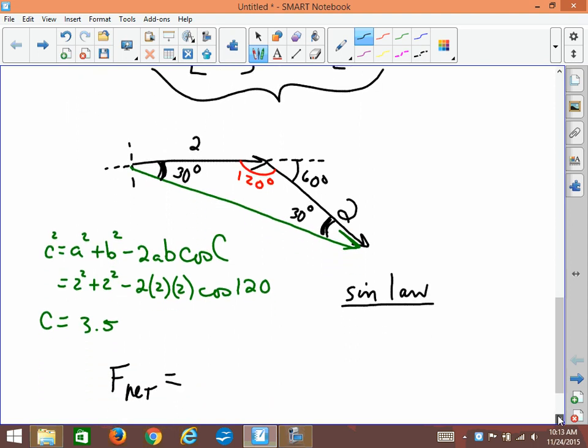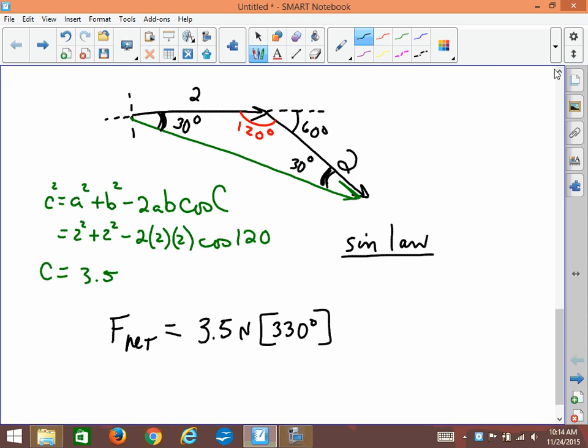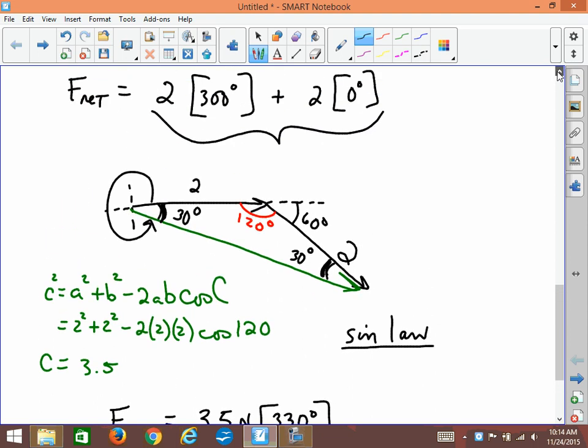F net now equals 3.5 newtons, and the direction of the 3.5 newtons is 330 degrees. And the reason it's that is because we measure from here all the way around to there. And that represents the net force acting on charge number 3.